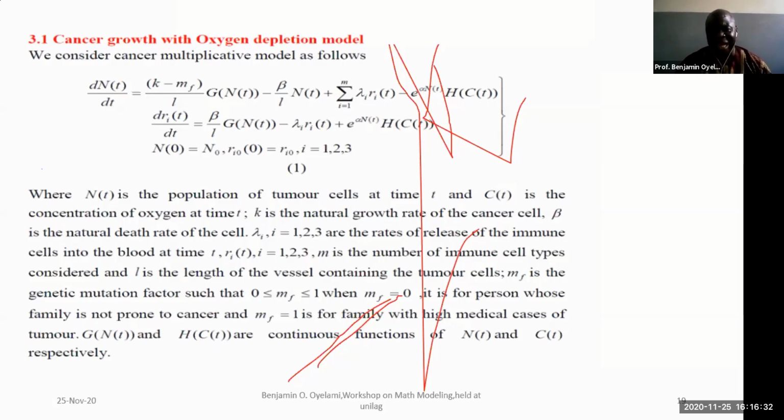I talked earlier about anti-angiogenic drugs, which will cut off the blood vessels connecting the cancer cell to the system of the patient. So drugs that can cut off and make sure that the cancer cell does not develop those blood vessels that connect to it. When the blood vessels are not connected, the oxygen that is available in the bloodstream of the patient will not get into the cancer cell. As a result, the cancer cell naturally will die off.